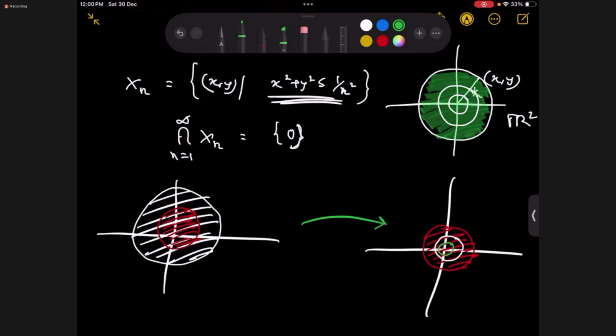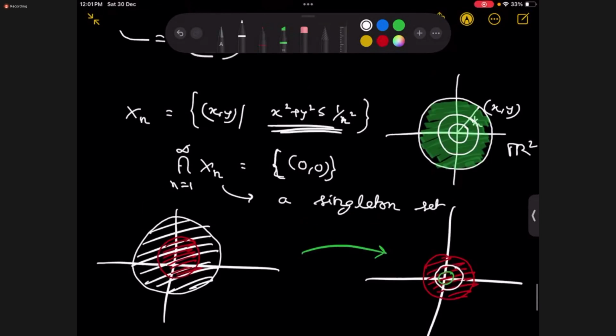This is a singleton set in R2, so the answer is that this set is a singleton set. Please try to understand this example.